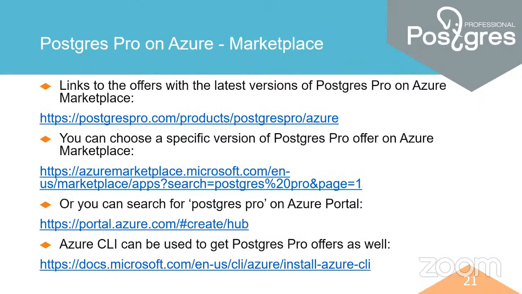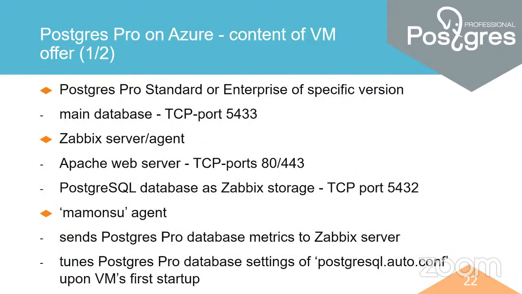Postgres Pro offers on Azure can be found via either Azure Marketplace, Azure Portal, or using the Azure Command Line Interface. So you can use whatever you need for your job. Some more details about the content of our Azure offers.